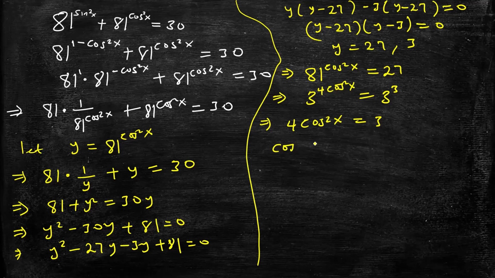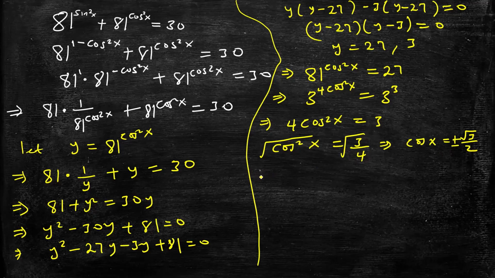So cos squared x equals 3 over 4. Taking the square root on both sides, cos x equals root 3 on 2, because this is the same as square root of 3 on square root of 4. Don't forget your plus or minus.